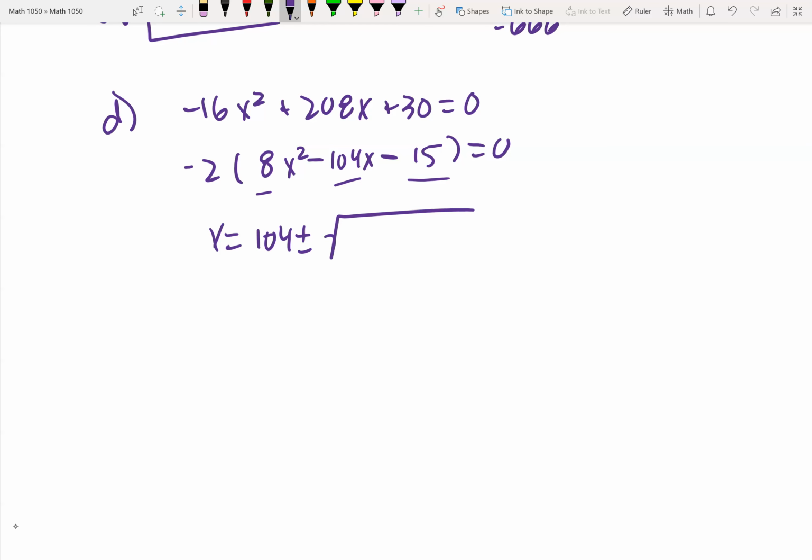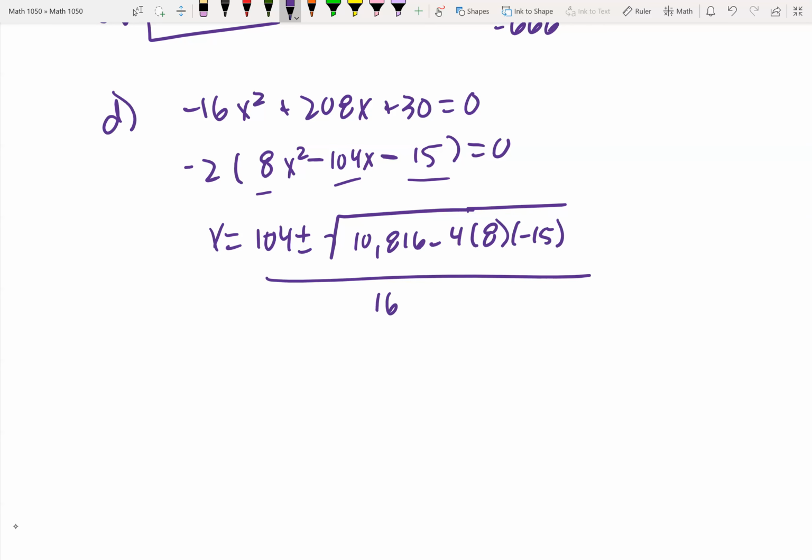So you have x equals 104 plus or minus the square root of 104 squared, which is 10,816, minus 4 times a, which is 8, times c, which is -15, all over 2 times 8, which is 16. It doesn't tell you to round, it's going to say to round, so that's a typo.